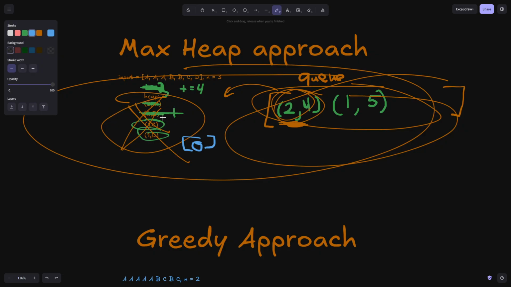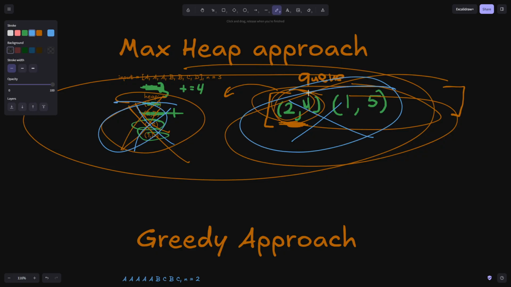But when all these tasks reach 0, meaning we used all the tasks up, we have nothing left over. So when the heap is empty and the queue is empty, it means that we used up all our tasks and we're not waiting on any task to free up. Meaning we know for sure, because these are both empty, that we've handled every single task we can handle. In which case, we're done.